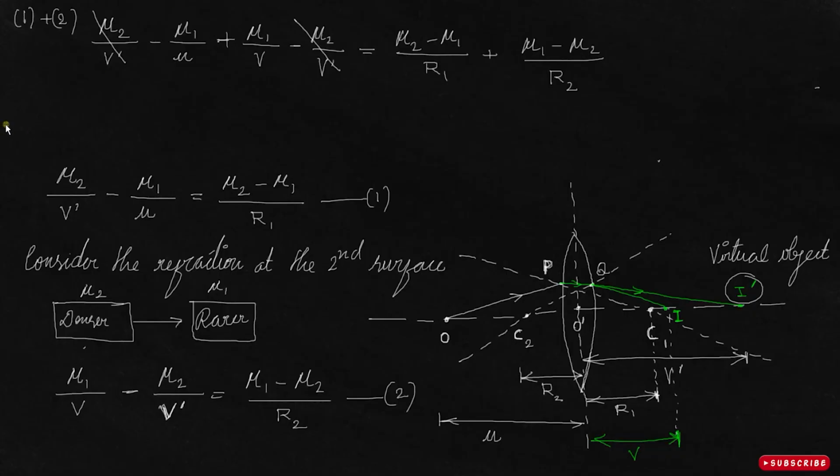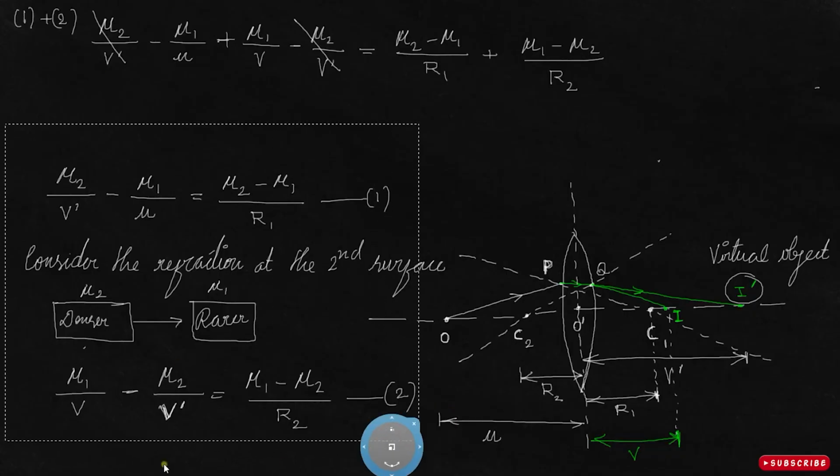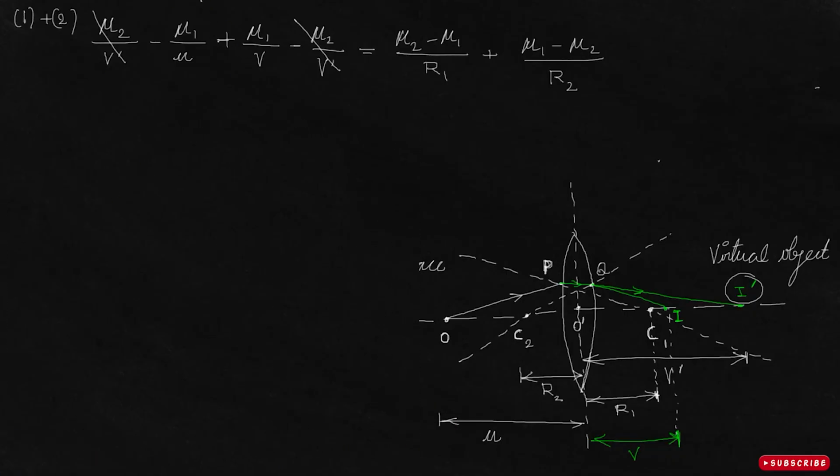Simplifying, you will get, let me write this part first. Mu1 by V minus mu1 by U is equal to mu2 minus mu1 by R1 plus, if you take the negative out, you will get mu2 minus mu1. This equation becomes reversed.